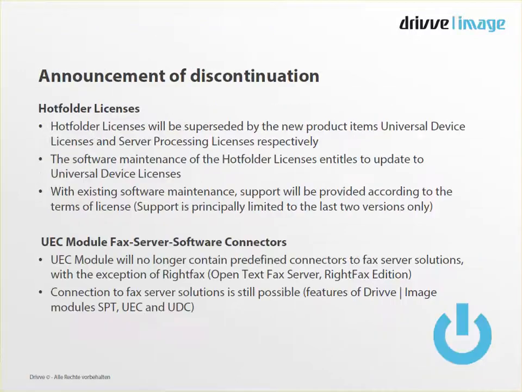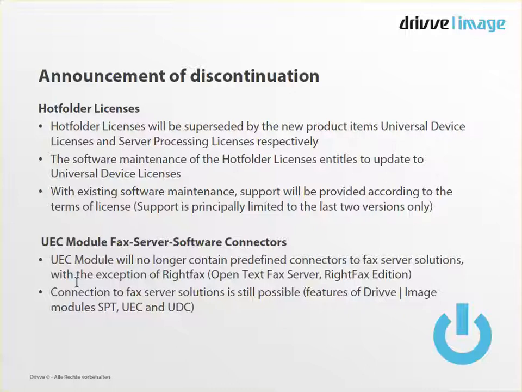The next thing is that we not only have new items like the universal device licenses and the server processing licenses and the desktop client edition. We don't want to forget about that one. We also have a few items that won't be available anymore. The hot folder licenses, I think I explained that already.